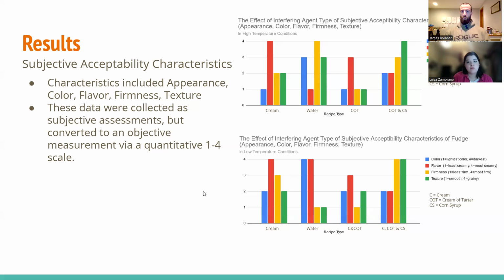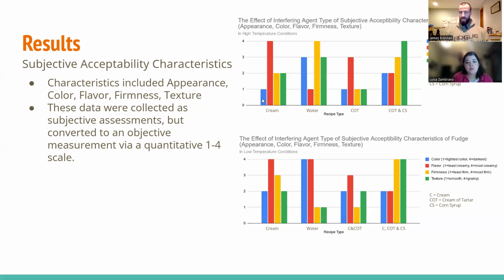We assigned a 1 through 4 scale, in which each of these colors represents a different factor: color, flavor, firmness, and texture. On the top, we have the high temperature. On the bottom, we have low temperature. What we noticed was there was a similar trend between each of the different interfering agents that were present.